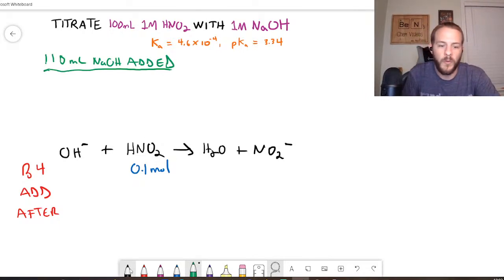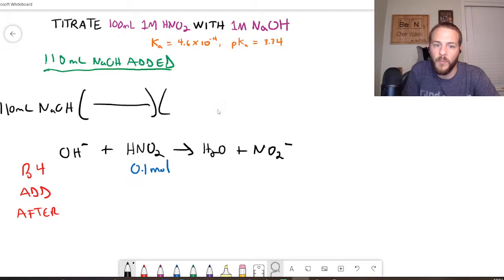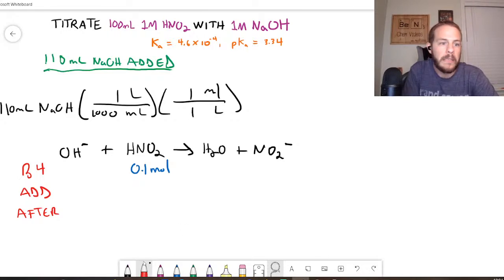We'll start by taking our 110 milliliters of sodium hydroxide and converting it to moles. Again, we'll use that two-step conversion where we convert from milliliters to liters and then from liters to moles. 1,000 milliliters in 1 liter, 1 mole per liter for a 1 molar solution.